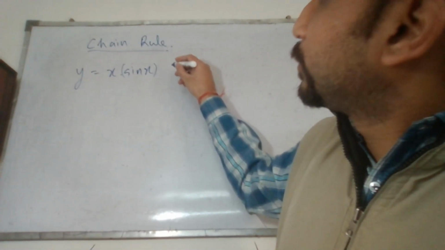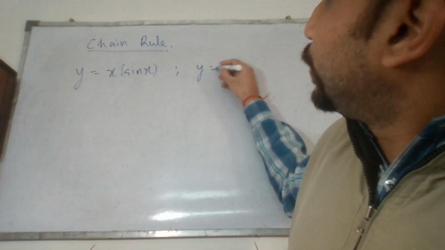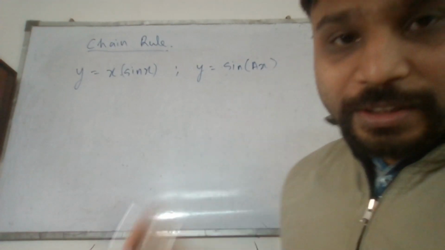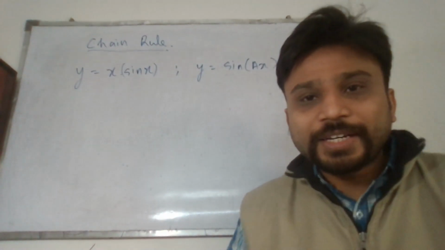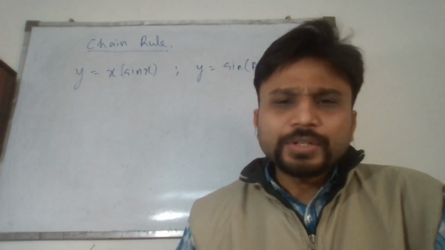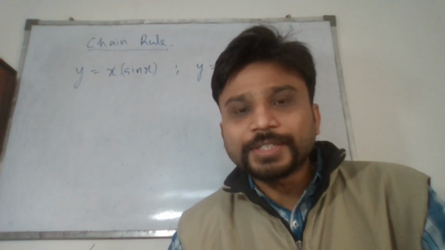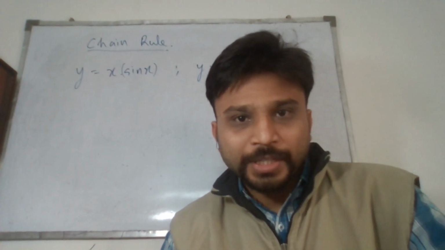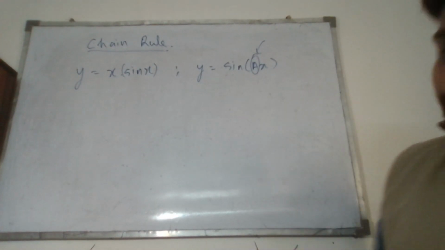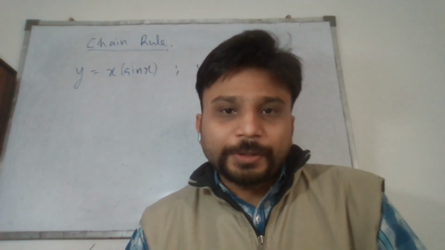Or we can take y is equal to sine ax. Pretty interesting thing. We just learned what is the differentiation of y is equal to sine x. It was cos x. And because we know sine and cos are complementary functions, it is pretty easy to remember. But what if I put a simple constant like a inside this? How can we do it now?